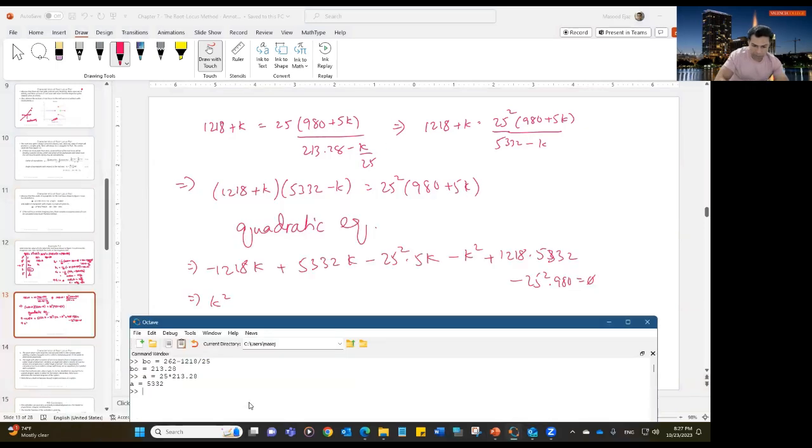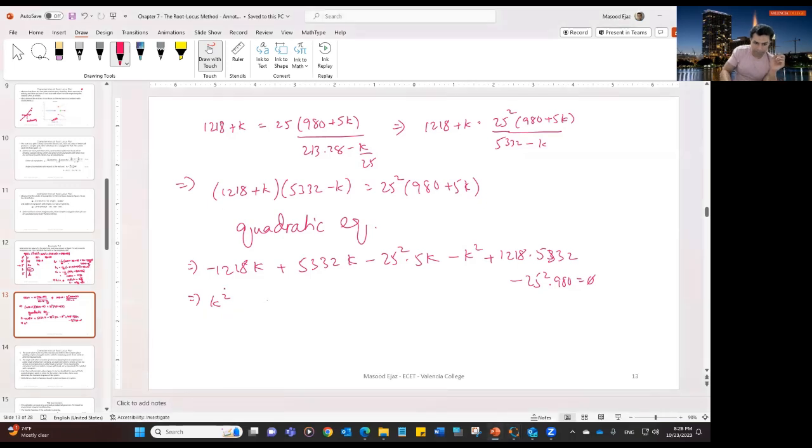So I have 5332 minus 25 times 5, that's 5 cubed, basically. And then I have another K somewhere. Do I have another K? Yeah, negative 1218, so that's my K. That's going to be negative 3989.